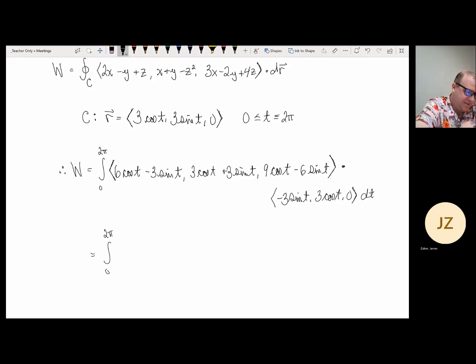Do the dot product. Squared. Sine, and oh, that 0 is really nice.